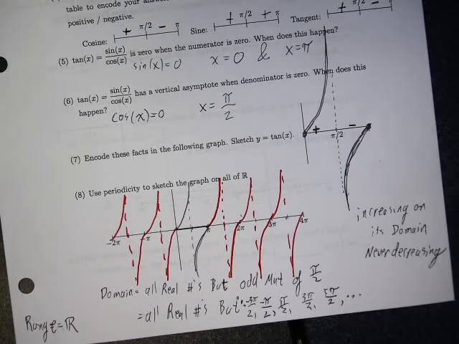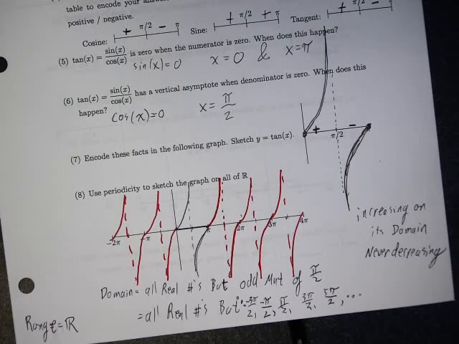Same reason you wouldn't say that the square root function is increasing over the whole of the real line. It's not defined over the whole real line. Cool. Any other questions people want to ask about the graph of tangent?